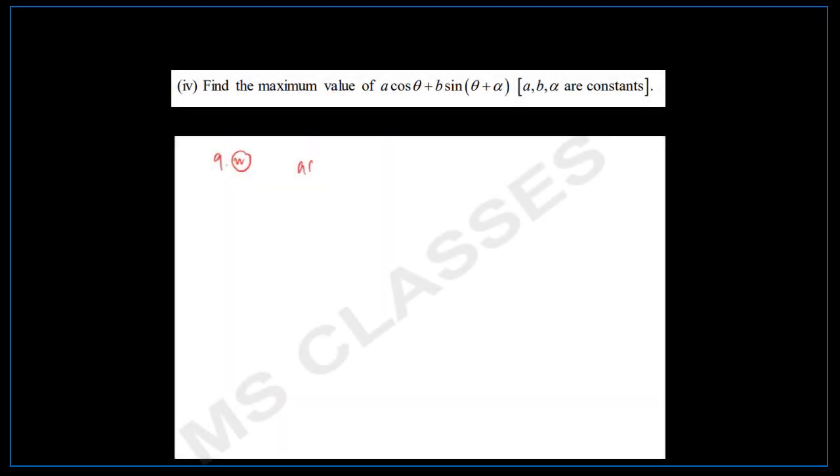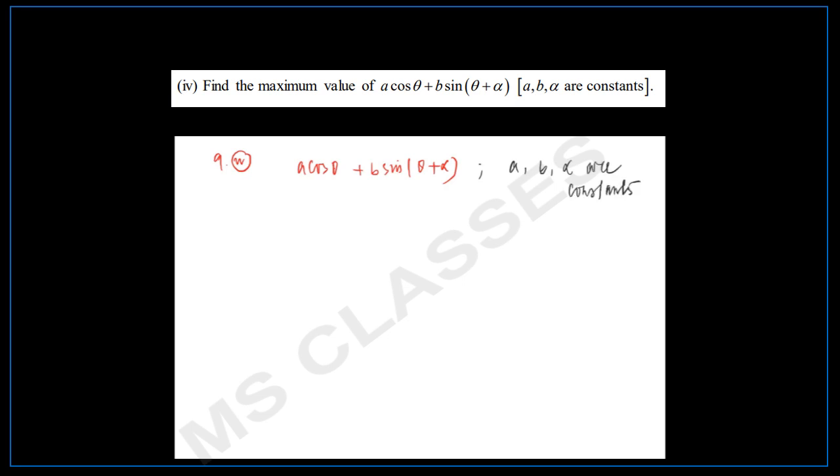So, A cos theta plus B sine theta plus alpha. Here, for A cos theta plus B sine theta plus alpha, we have to find the maximum value. It is given that A, B and alpha are constants.